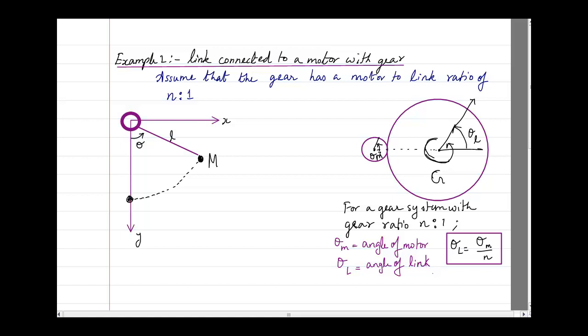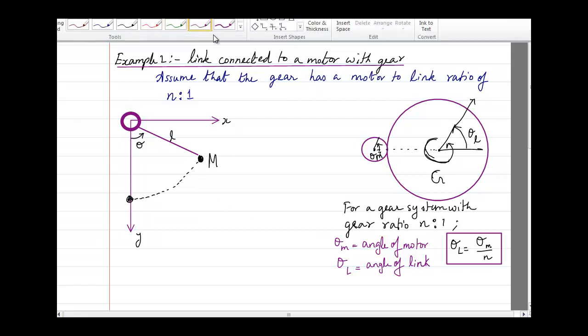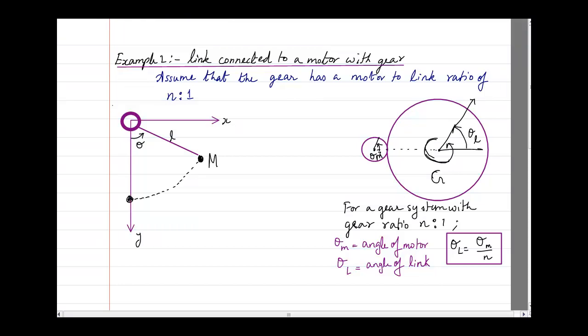Okay, with this idea, now consider this system. Suppose you have a motor with gear, and suppose this is the length L of the link.